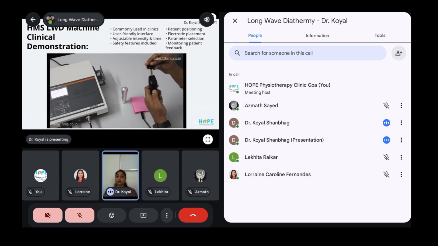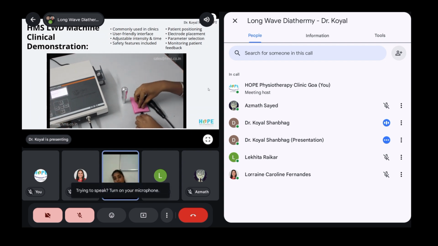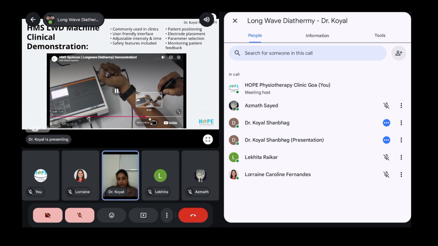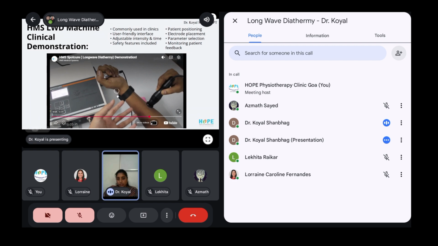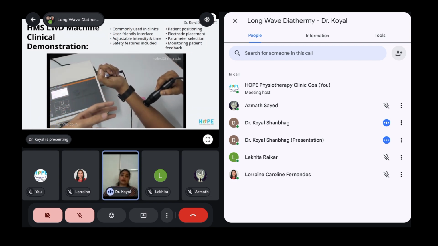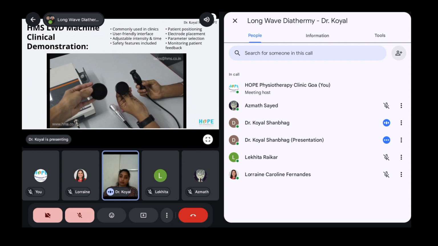For a smaller area we can use this smaller applicator. And see to it that you nicely press it. You don't have to put on a lot of force, because that is how you are supposed to maintain the machine. This is how we usually give the application, mostly in a circular manner or figure of 8 manner.